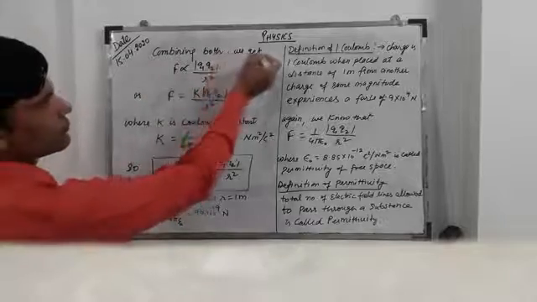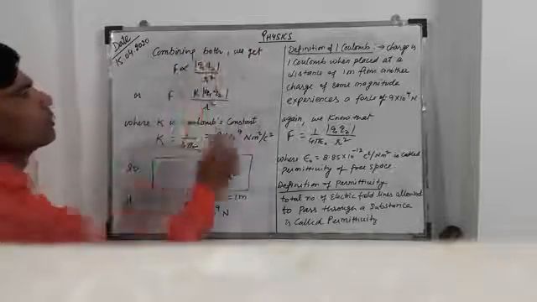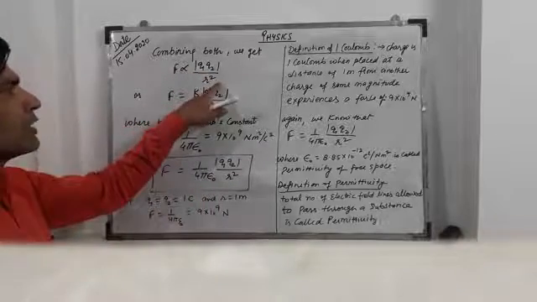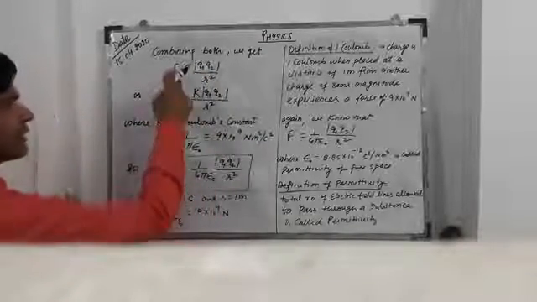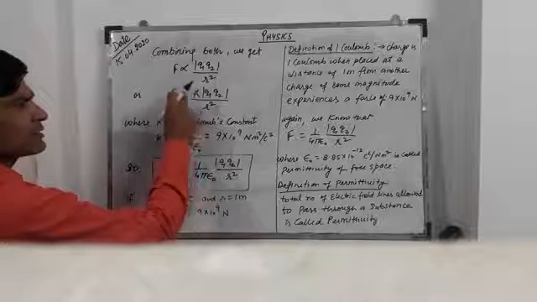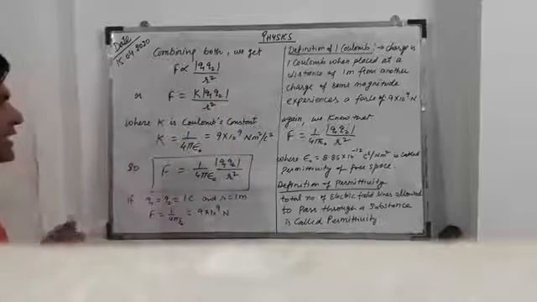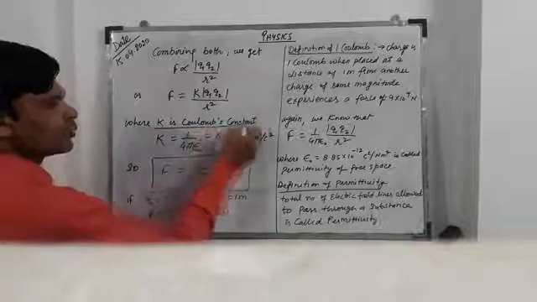Combining both, we get F proportional to q1 q2 upon r square. Removing the proportionality, we get a constant. F is equal to k q1 q2 upon r square. k is the Coulomb constant.